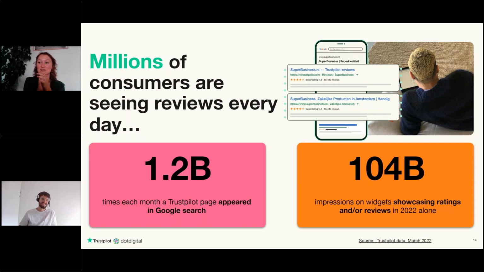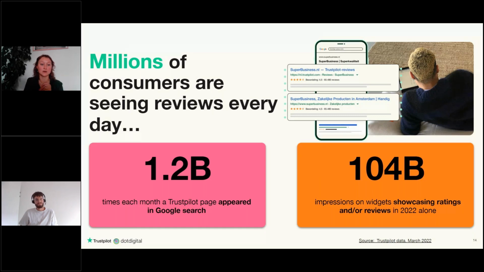But what we see here in search is that Trustpilot itself, as a page, comes up more and more for people that are searching, because they are searching for those points of trust. So even in these types of channels, people are already looking for cues that are trustworthy.